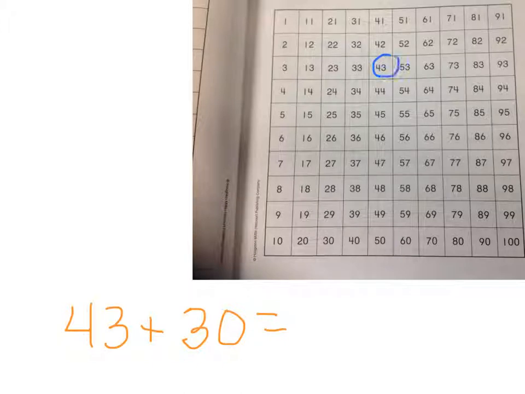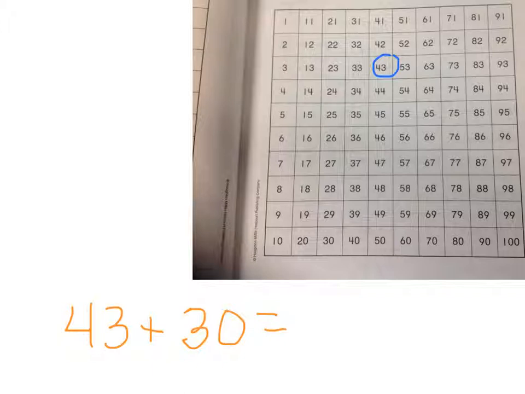Let's try another one. What if I have 43 plus, or add, 30? What is that going to equal? Where do you think I should start? Did you say 43? And which way am I going to move? Did you say to the right?